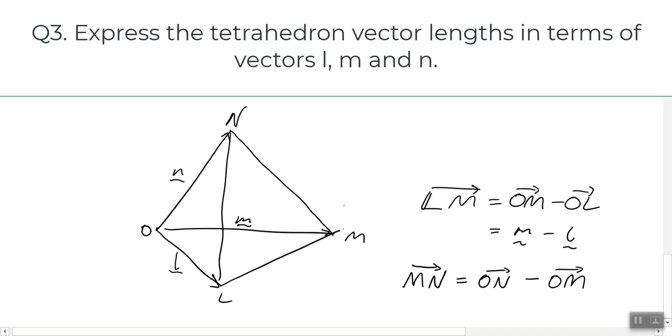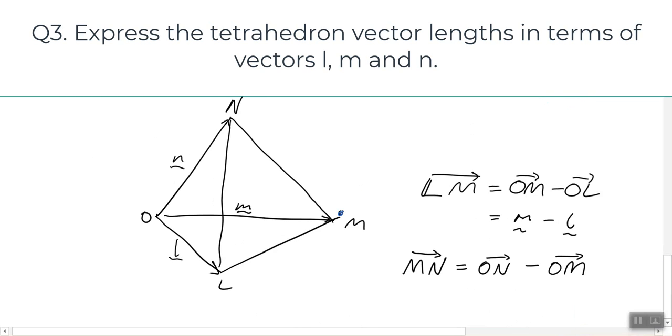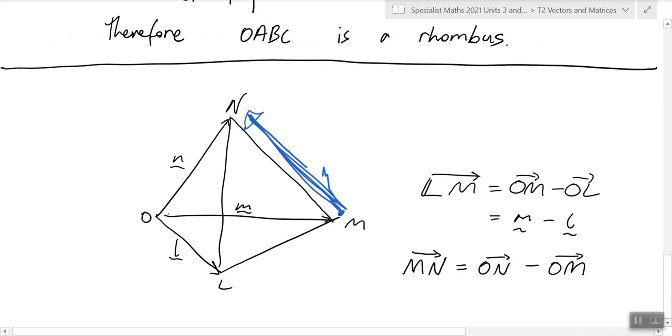So to get from M, I'll draw a different color. To get from M to N, you can go minus OM plus ON. I'll probably do it that way. I feel like that makes more sense.